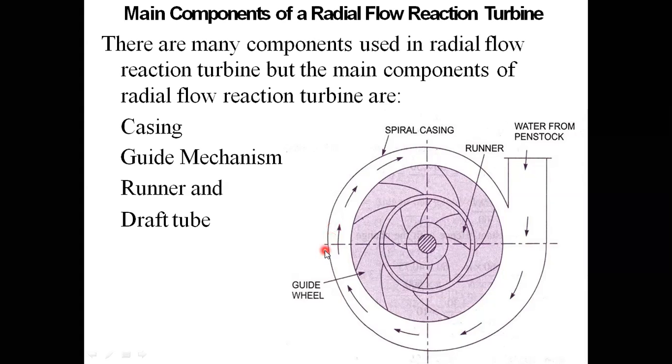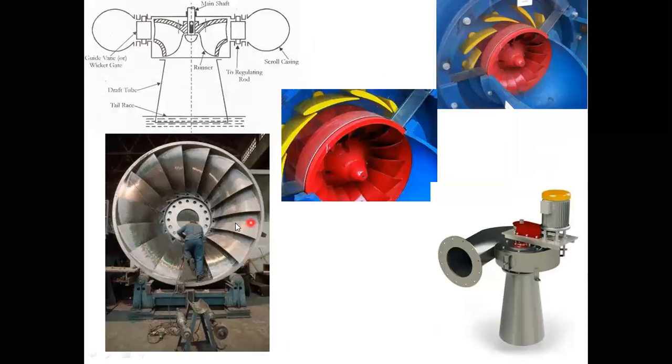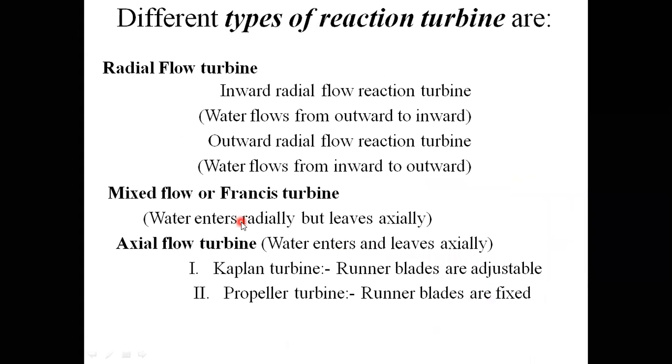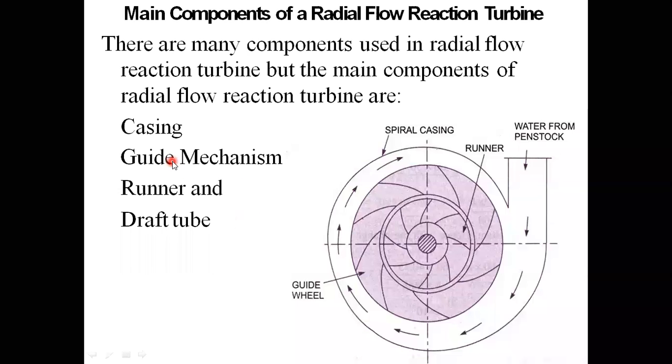Here, this is your casing. Second, the guide mechanism. These are the adjustable guide vanes. The runner, this is your runner. The draft tube, here at the center, the draft tube is present.